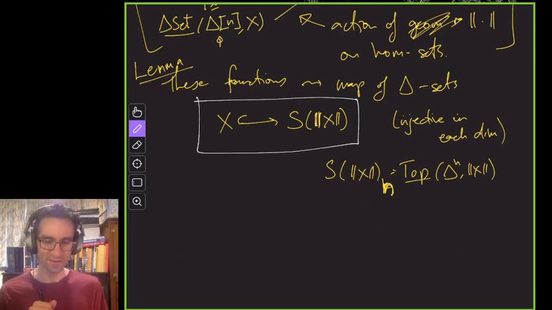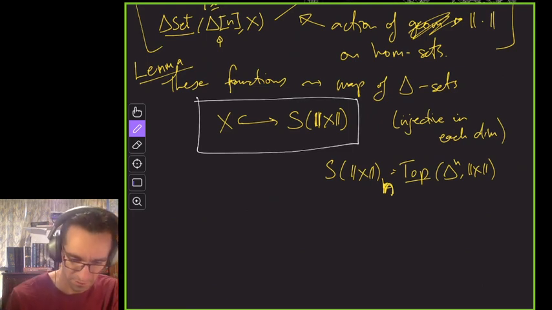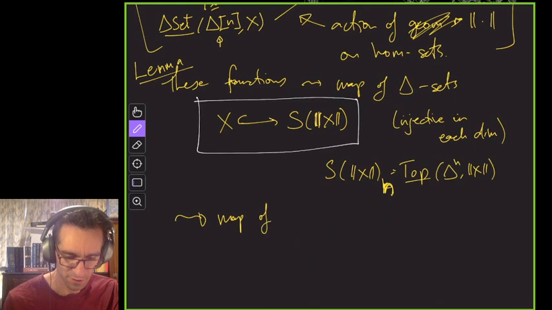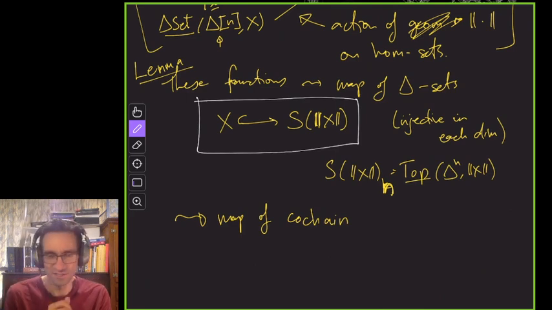But then I have a map of delta sets, so I can get a map of cochain complexes. I've written it the wrong way in my notes, but that's okay. All right, let me write out this lemma. Map of cochain complexes. So the whole point of trying to make everything a functor is that you can just keep composing functors.